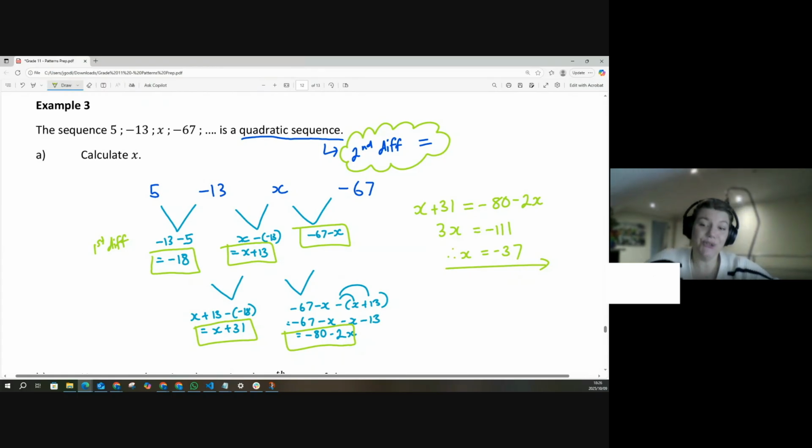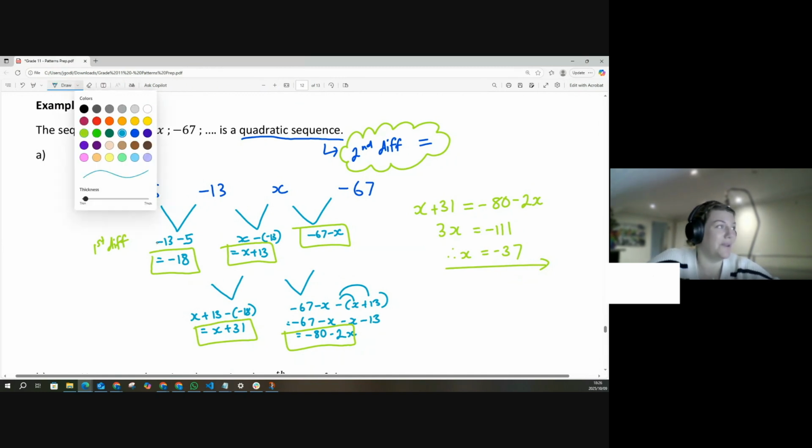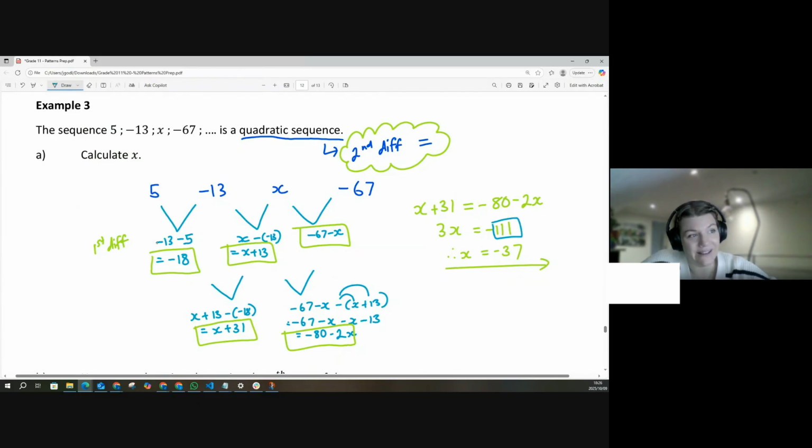Did you guys know the trick about numbers and being divisible by 3? You can always tell if a number is divisible by 3. So for example, I can tell that 111 is divisible by 3 because 1 plus 1 plus 1 is 3, and 3 is divisible by 3. Any number that is divisible by 3 adds up to a number that is divisible.